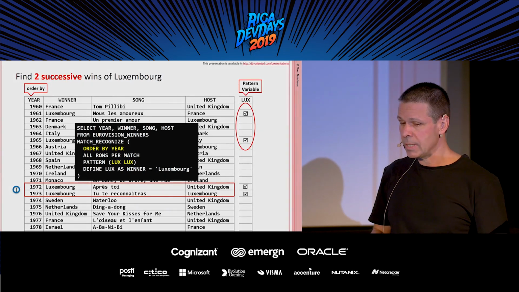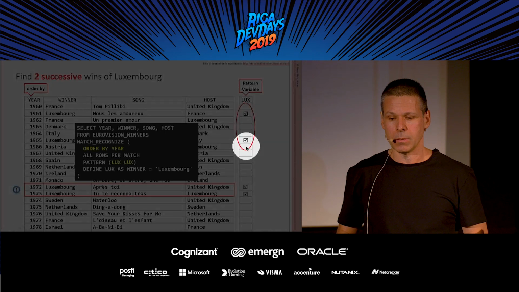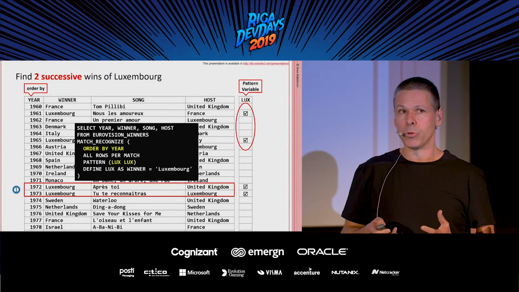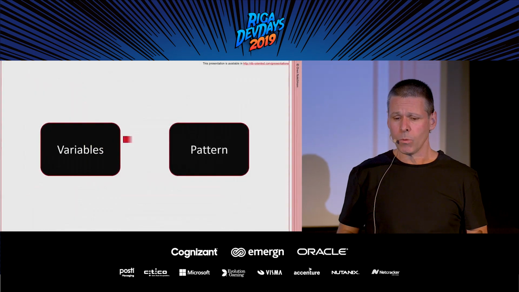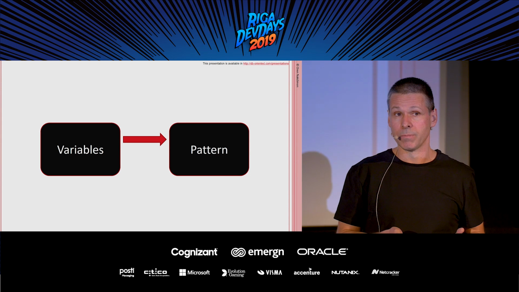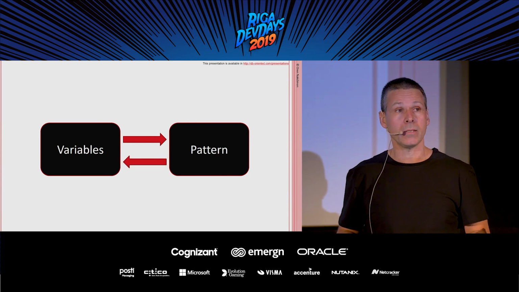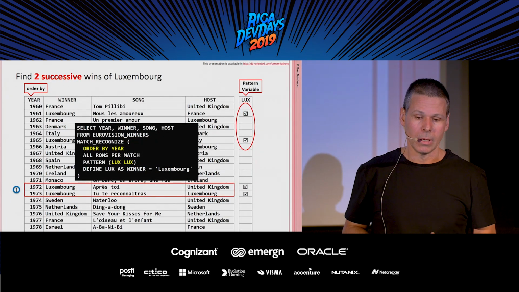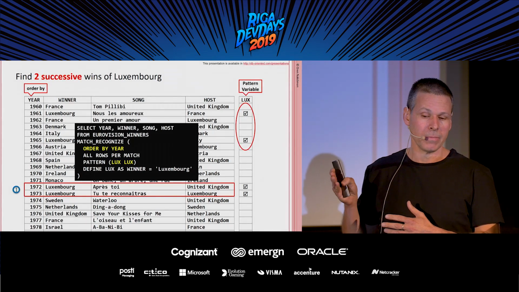Now, what about these two records? This is something very important to understand. We've seen that the pattern depends on the variables, but the variables also depend on the pattern. So these two records, I lied by marking them.